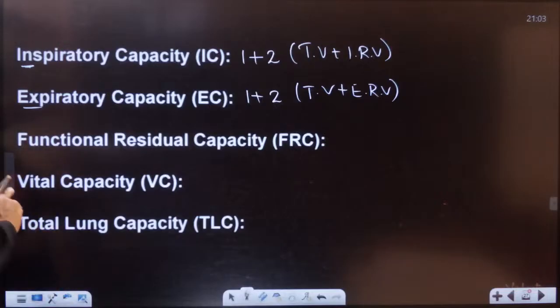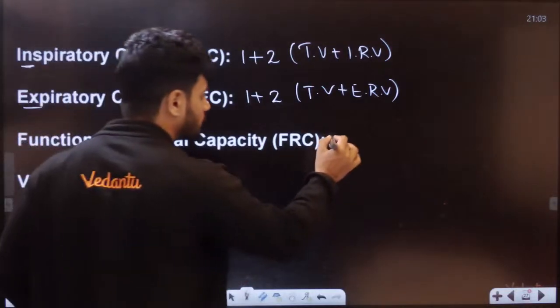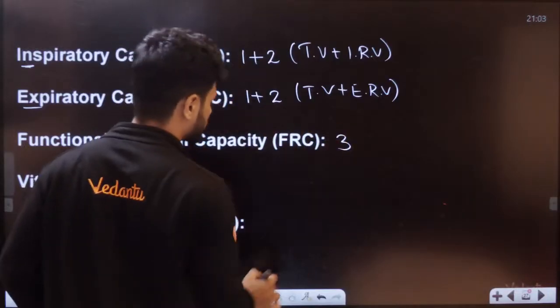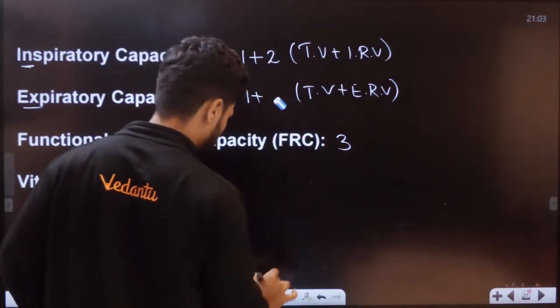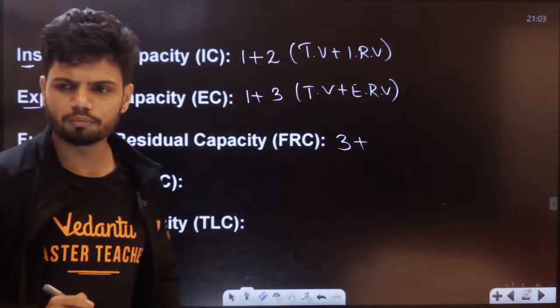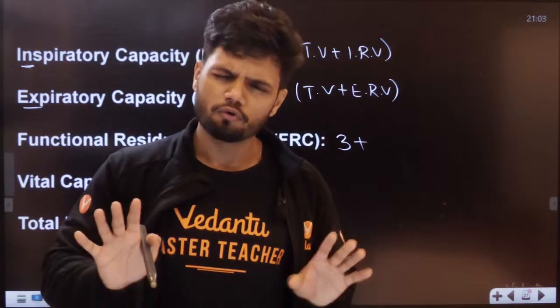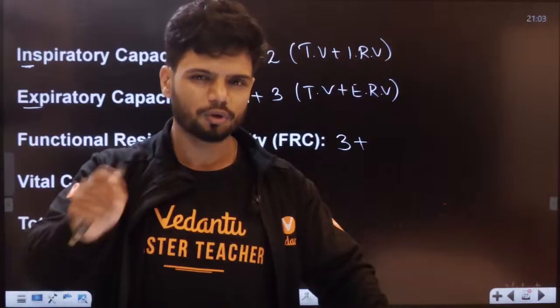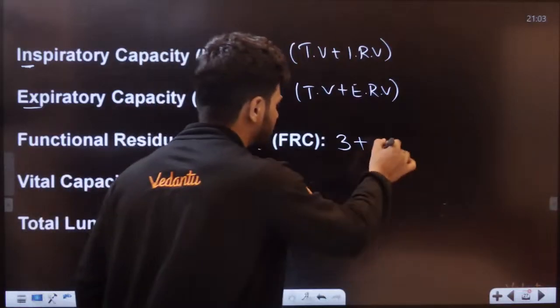Next is functional residual capacity. Students, this is 2, 1 plus 3. After you remove all the air forcefully, do you have some residue left? Residue is left.